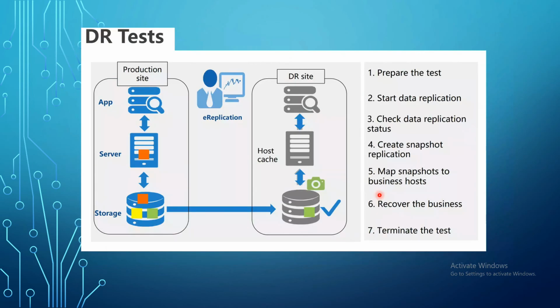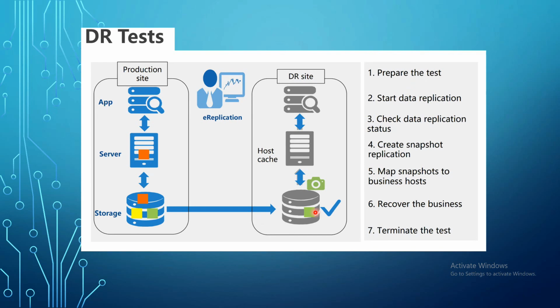So DR test, for example, this is the PR site, and this one is the DR site. So we have storage available here, servers are here, and applications are there. So I want to test my DR, whether DR is ready or not. When you select test, it will automatically start data replication to the DR side.